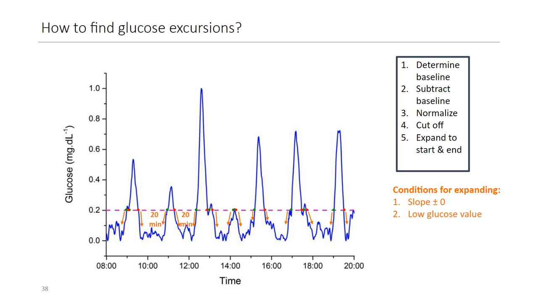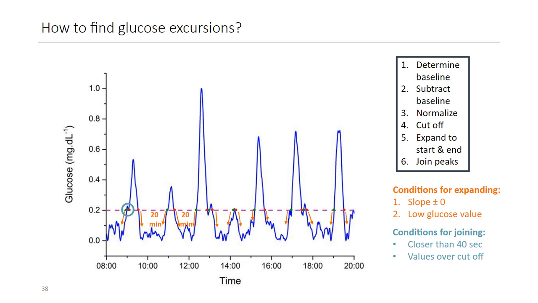And our conditions were that the slope needs to approximate 0 and that the glucose value needs to be very low. But then you can observe here on the left side that there are moments where you could doubt whether this is 1 or 2 glucose excursions.